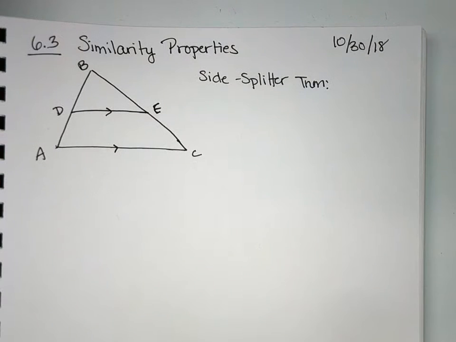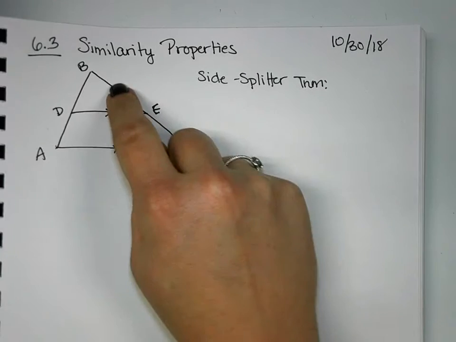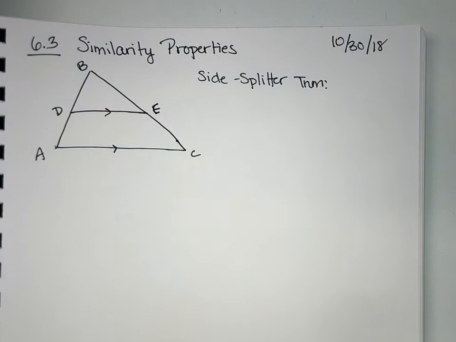That lets you set up a different proportion that's sometimes easier to solve than the part over the whole type that we've done before.